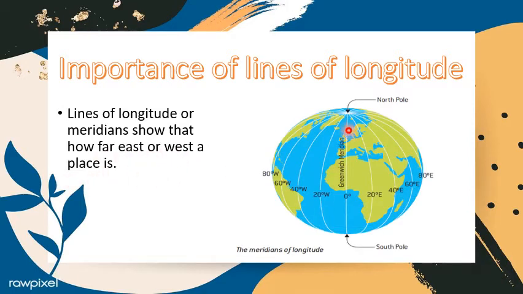Now see, here are the lines of longitude and we have divided them according to certain distances, right? So we can locate anything by how far that place is from east and west. Okay, so that is why it is important to have lines of longitude on the globe, so we can locate anything on the map or the globe.